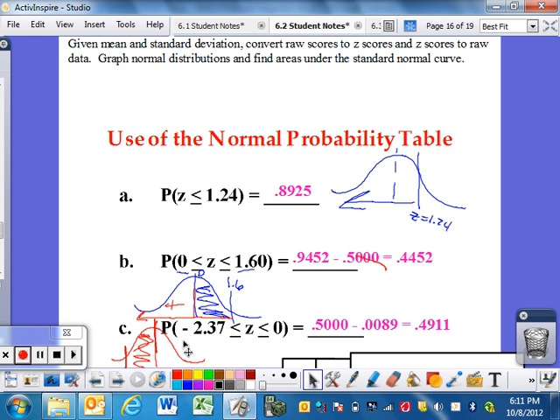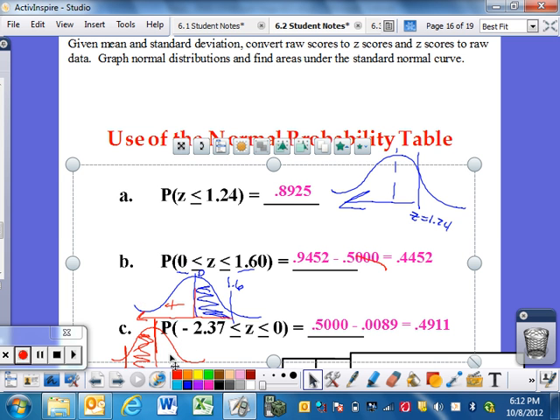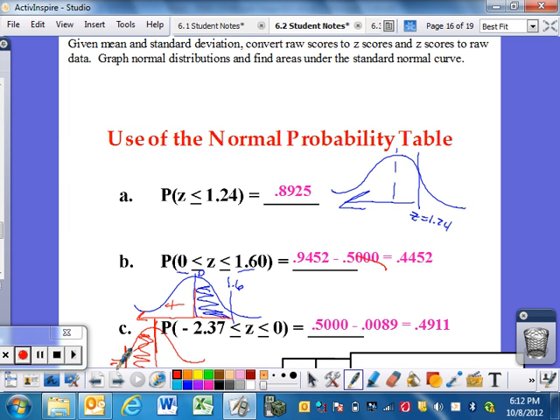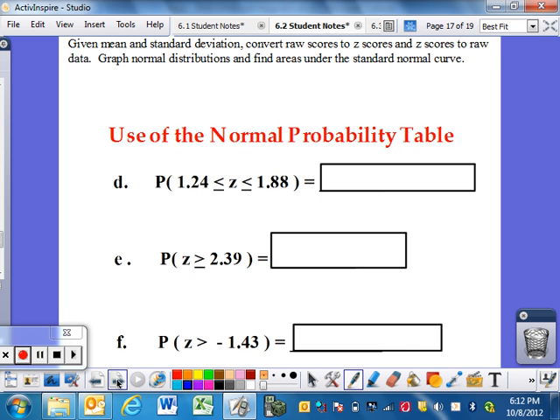Keep in mind, negative 2.37 from your table is the information to the left. I don't want that information, so I'm going to subtract that away. And I get 49.11 as my final answer. So these would be your final answers for probabilities of those intervals. And then here are 3 more. I'm going to talk a little bit less.